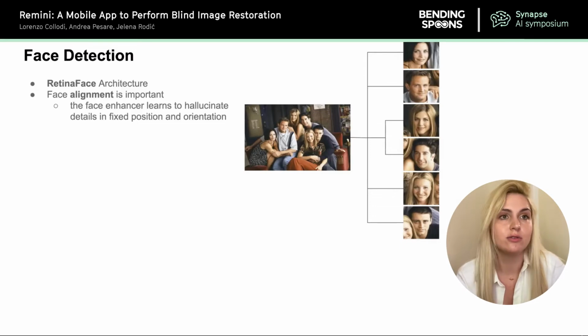So the eyes, the nose, everything should be around the same points in the image. That is why this is important. For this task, we used the RetinaFace architecture, which is a type of convolutional neural network.